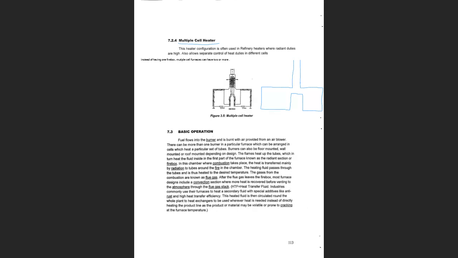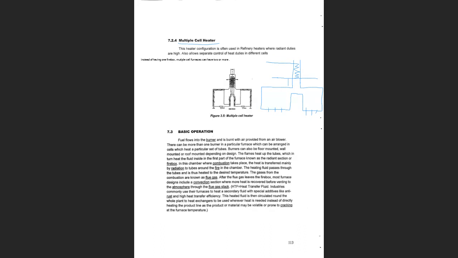But what happens here شباب, is that the process fluid flows first through the convection section makes several passes for preheating and there are burners in here، في burners هنا في الأسفل، and you know as the flue gas goes up the process fluid inside the tube or the coils will get preheated and then after that there is a common header like this, it goes out of the convection section and then they get distributed.